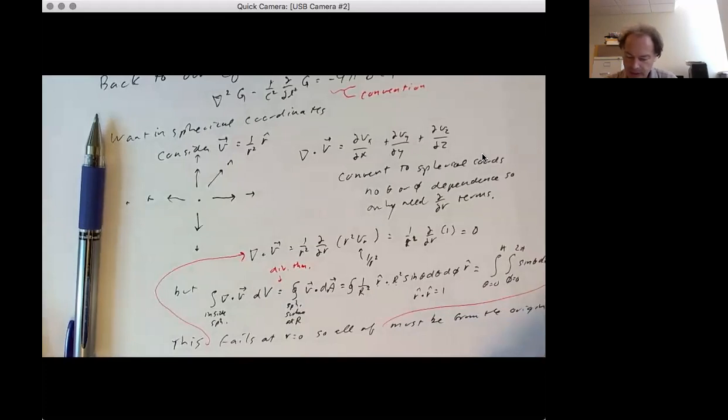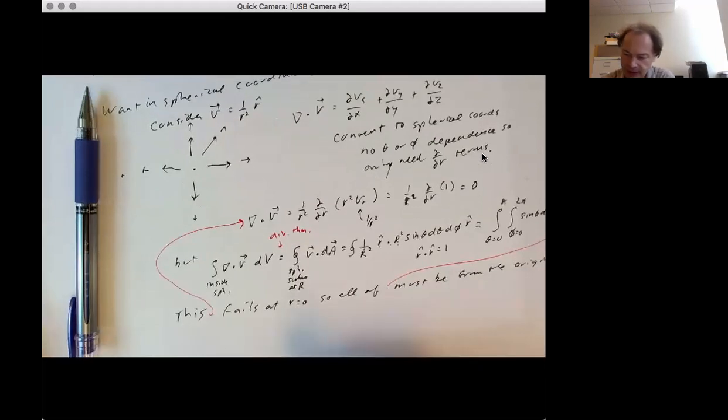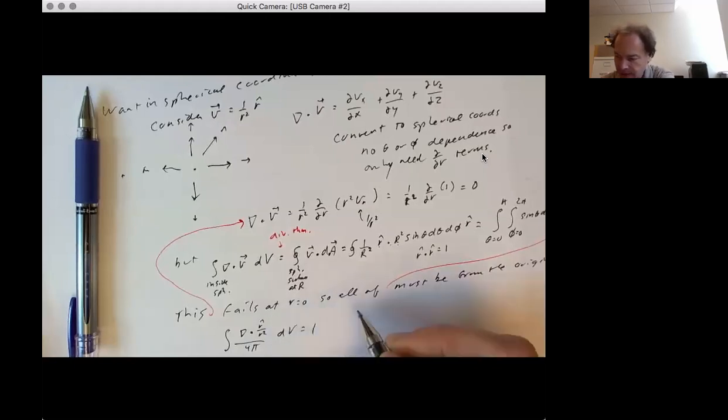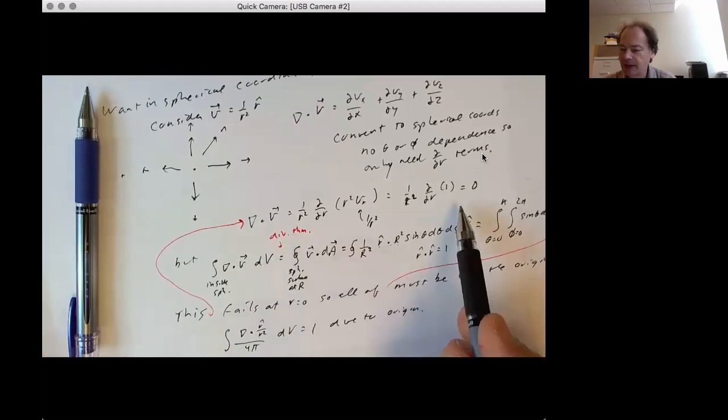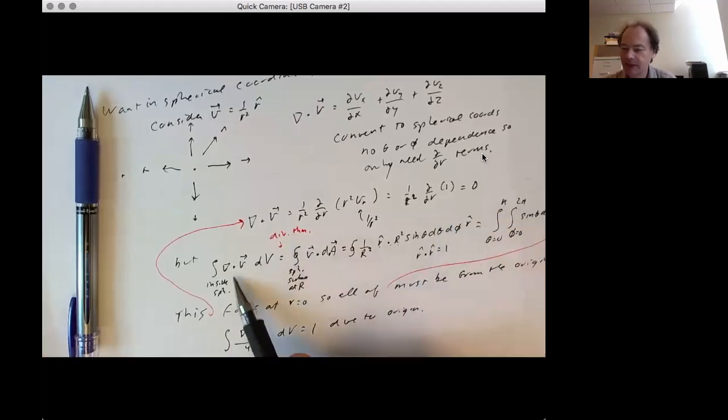And so I can summarize this: the integral of del dot r hat over r squared divided by 4 pi dV is equal to 1 due to the origin, right? Del dot v is 0 everywhere except where it fails. If I integrate over the volume, I get 4 pi. So the integral of this thing is due to the origin.